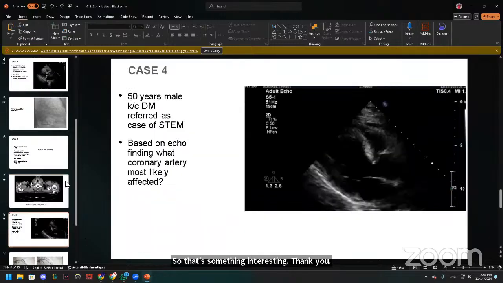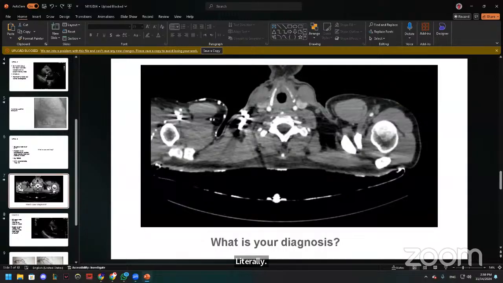Doctor Walid. Yes, doctor. Can I ask something? Go ahead. In this case, can you tell us if the coronary is involved? I just want to know. I don't know, to me it doesn't look like it's involved. I don't know about the patient, it's not a CT I brought.